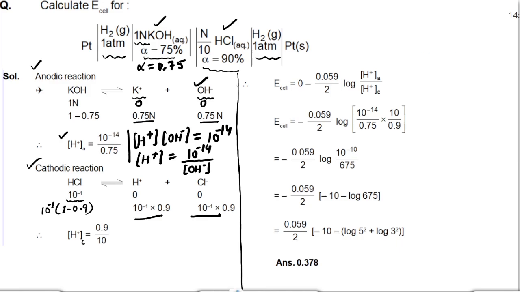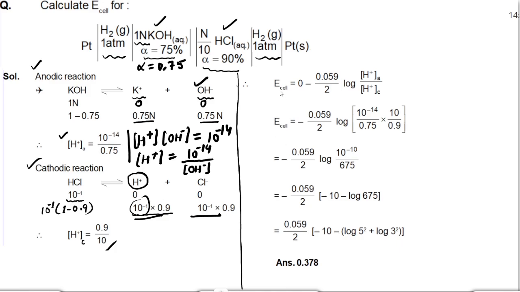So H plus ion concentration at cathode, that is 0.9 by 10, because here we are getting H plus ion directly. So it is 10 raised power minus 1 into 0.9. So it is 0.9 upon 10.